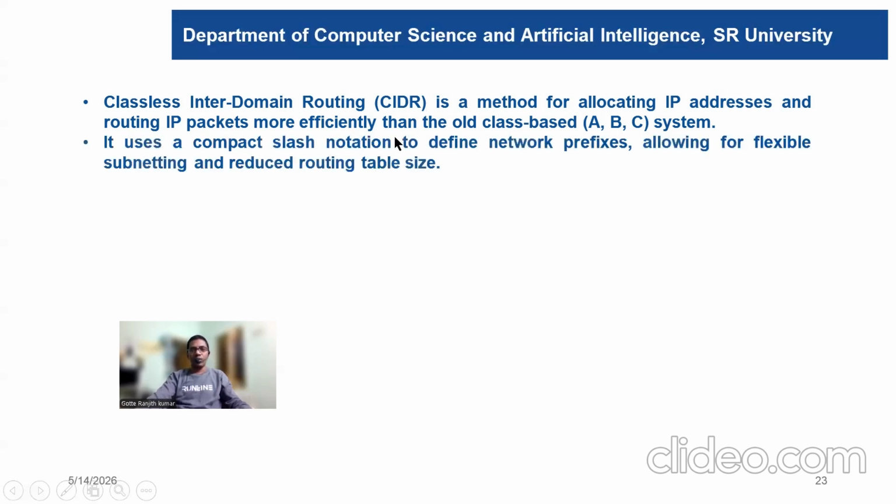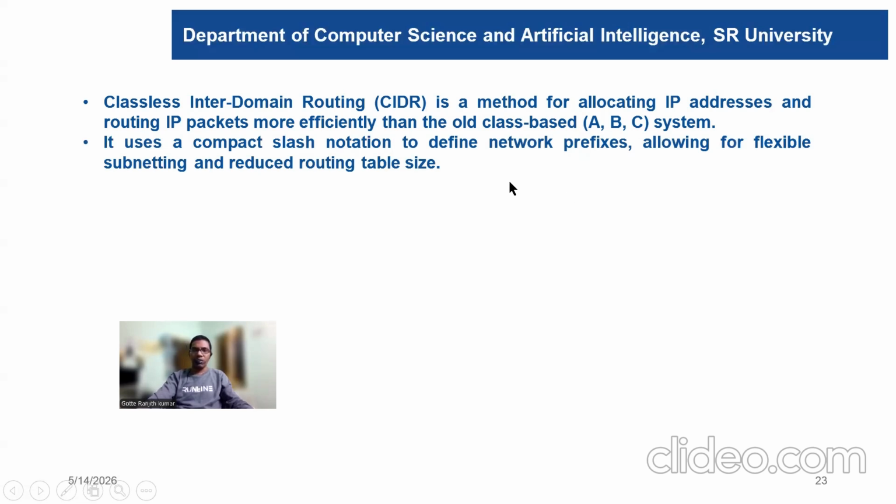So while writing this CIDR notation, we use slash notation. The slash notation defines the network prefix. This network prefix is a number that represents how many bits from the IP address are used for the network address.